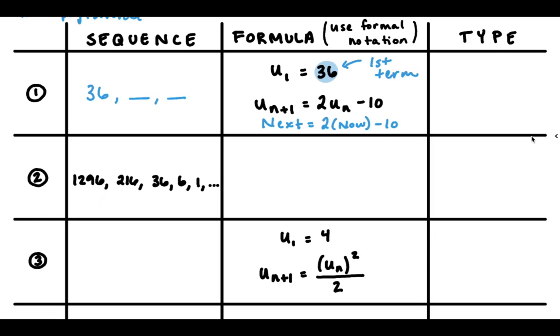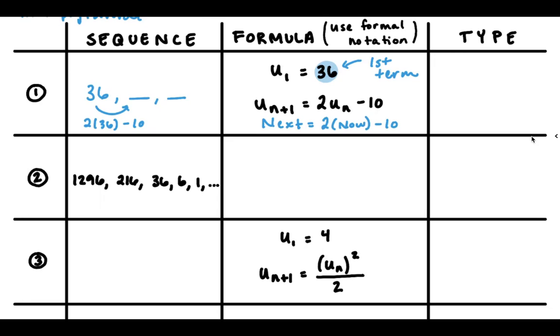Wherever I'm at in the sequence, I multiply it by 2 and then subtract 10 to get the next term. So with 36, to get the next term, I would multiply 36 by 2 and then subtract 10. And then I would keep doing that and keep doing that. Okay, so hopefully that gets you started on the first one.